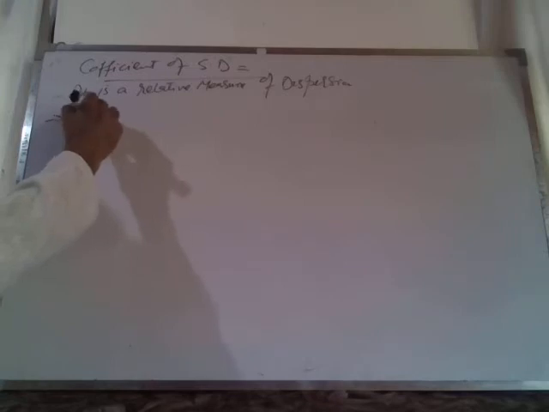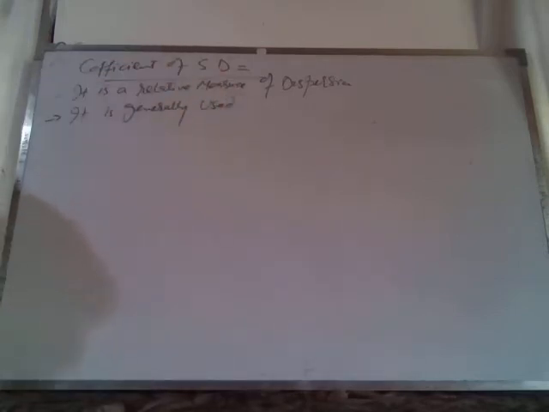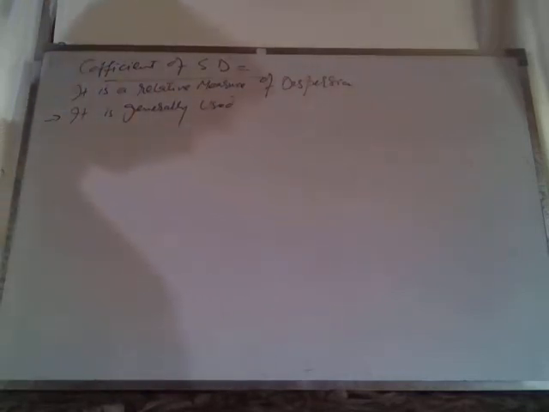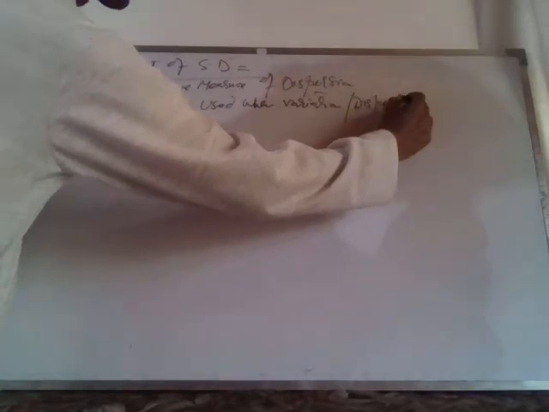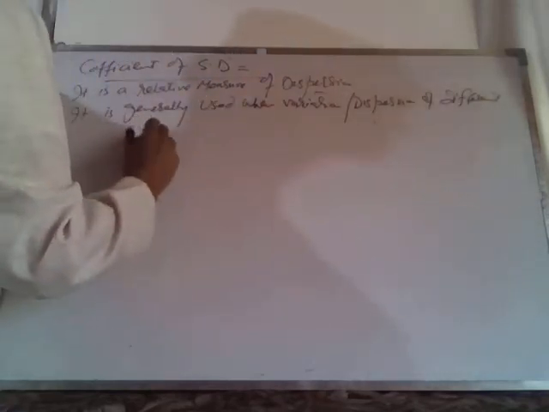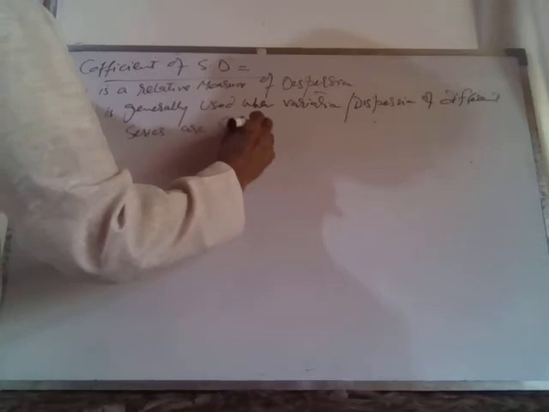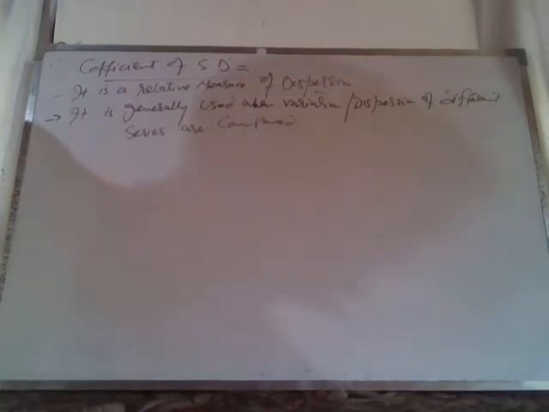So, जो मैं already discuss करता था, it is generally used when dispersion of different series is compared. जब डिफरेंट सीरीज की डिस्पर्शन को हमें कंपेयर करना हो तो उस वक्त हम कोएफिशिएंट ऑफ स्टैंडर्ड डिविएशन इस्तेमाल करते हैं.